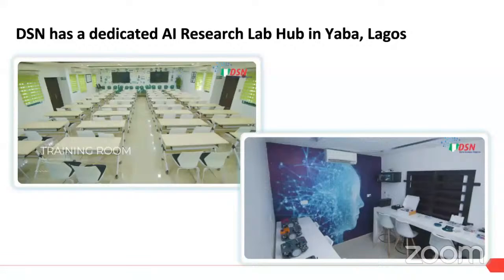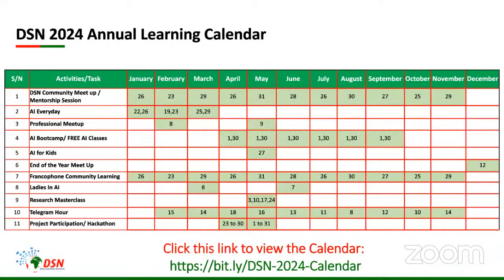So in case you want to host an event and you need a dedicated event center that will give you the look and feel of what you want to do, you can always reach out to us to know more about our training facilities at DSN.